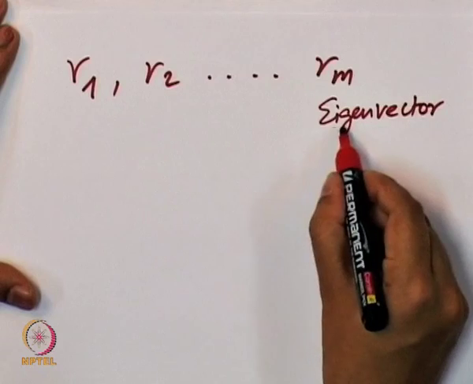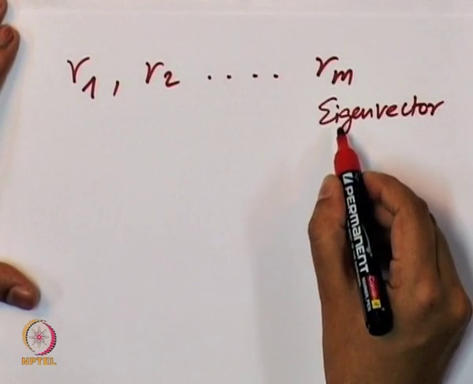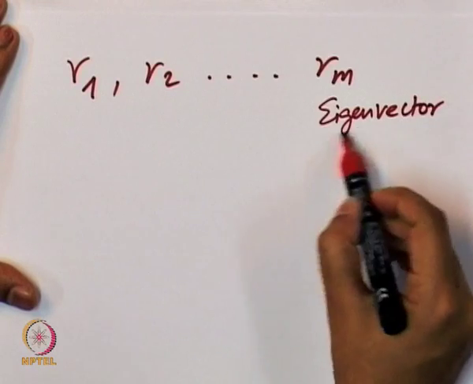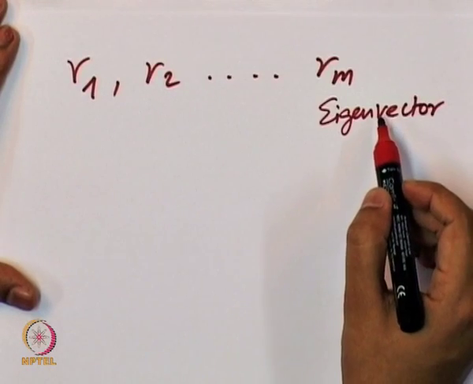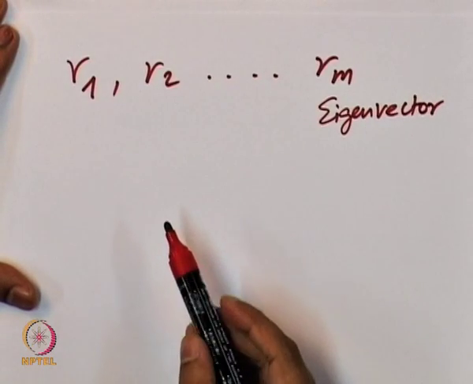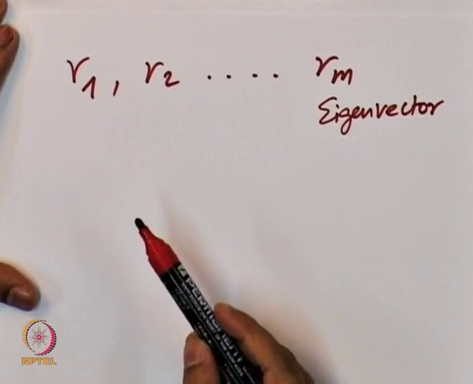The word eigen comes from German and basically means characteristic. So an eigenvector is nothing but a characteristic vector, and eigenvalues are characteristic values. When we say characteristic, the question comes: what do they characterize?